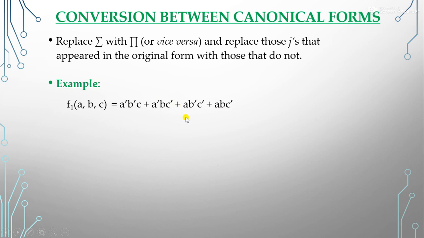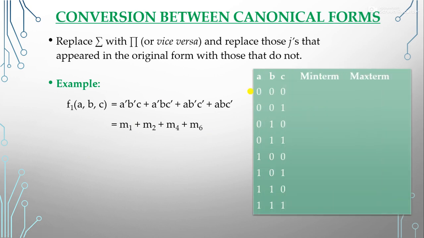You can see this is a sum of product terms, meaning a sum of min terms, so this is a DNF. Now we have to convert it into the CNF, the product of sums form. This is a min term form, so we can write m1, m2, m4, m6. How? We can use the table, where we have the three variables.